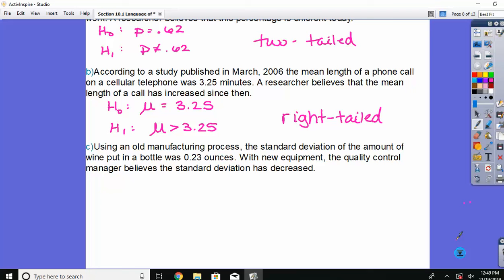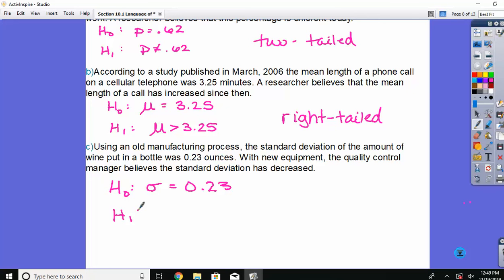Using an old manufacturing process, the standard deviation of the amount of wine put in a bottle was 0.23 ounces. So the null hypothesis would be, standard deviation means sigma is 0.23. With new equipment, the quality control manager believes the standard deviation has increased.